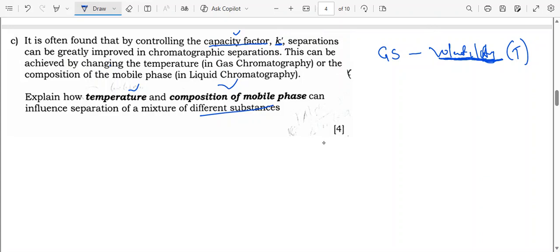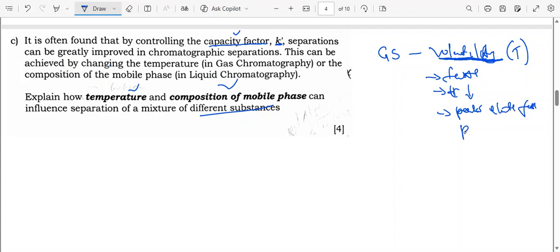If temperature increases, compounds vaporize very fast, and the retention time, RT or tR, will decrease because they reach the detector fast. The peaks elute fast. They go out easily as a result of the increase in temperature.